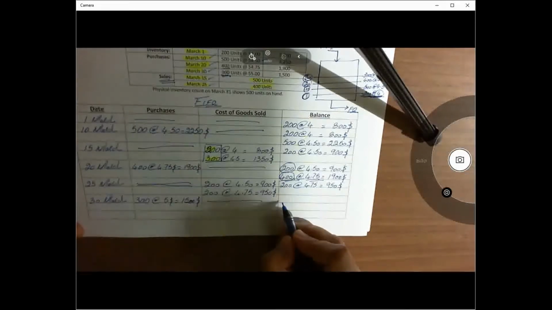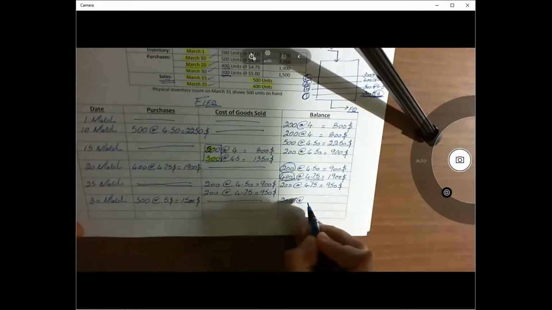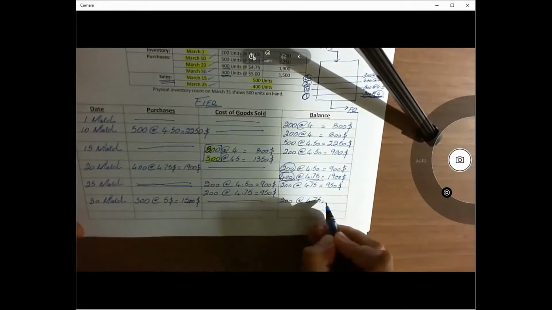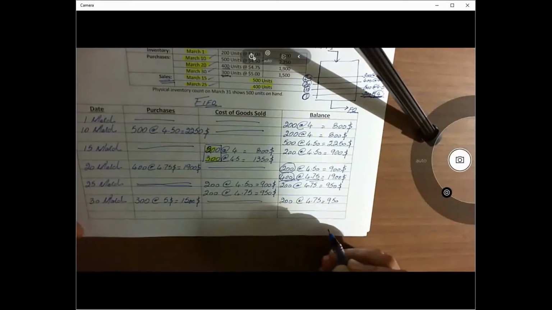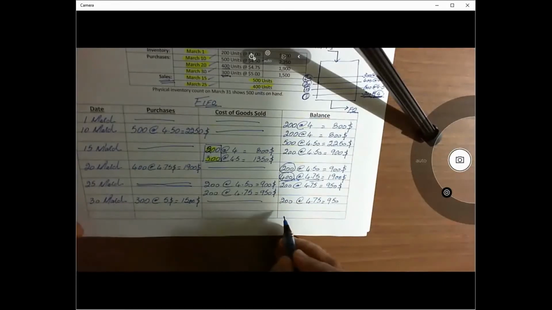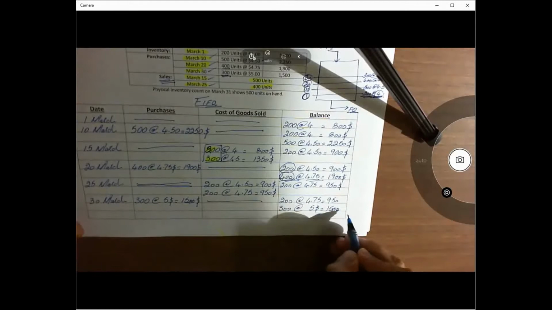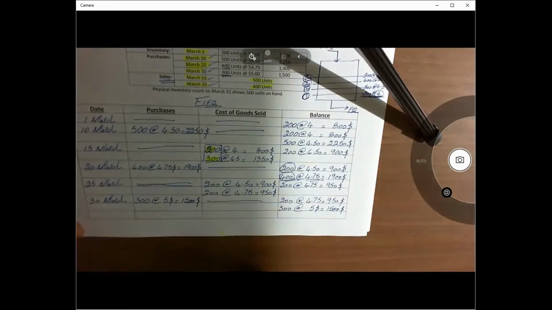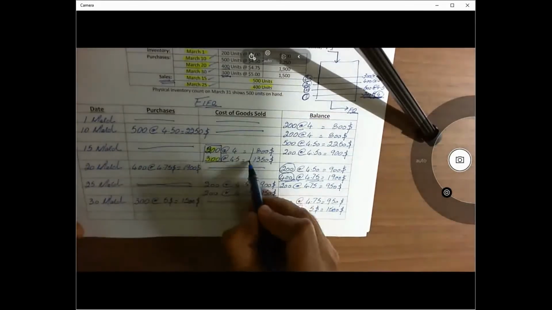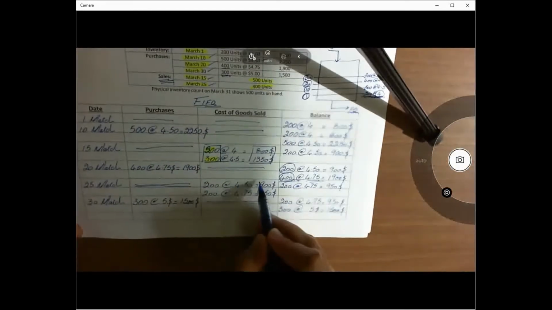So this is our opening balance, 200 at 4.75, which is $950. Next is 300 at $5, which is $1,500. So in the end, our cost of goods sold will be the sum of these and the sum of these.